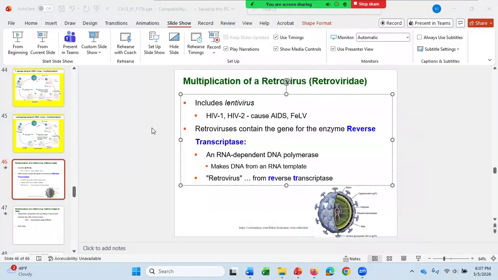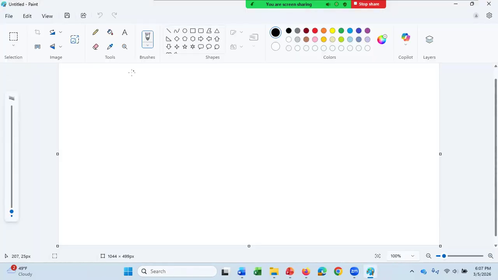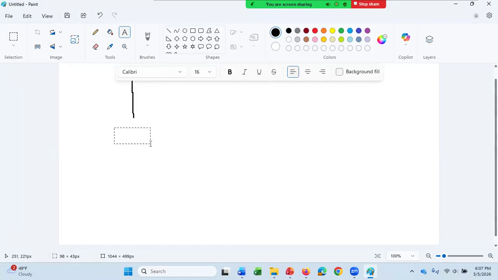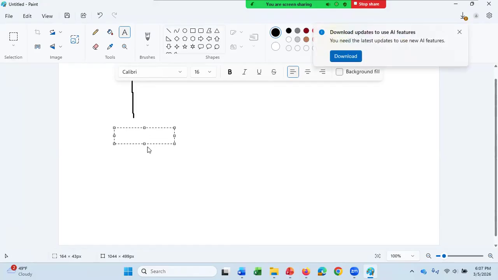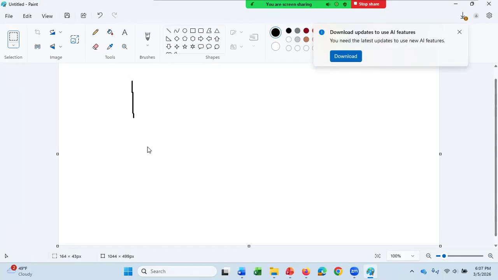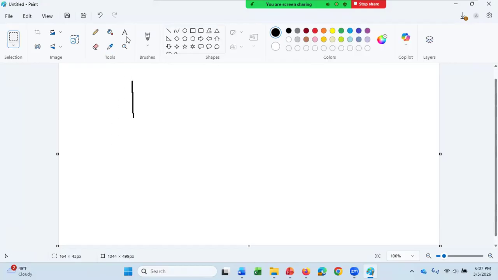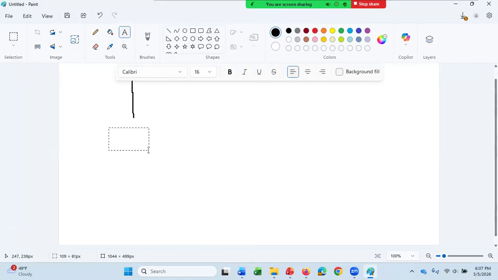It first takes viral RNA, and it is positive strand, single strand RNA.